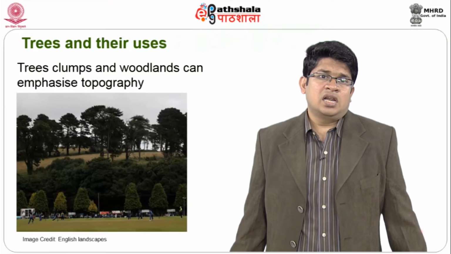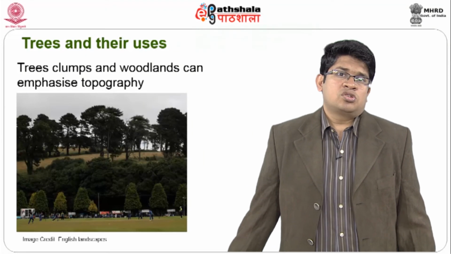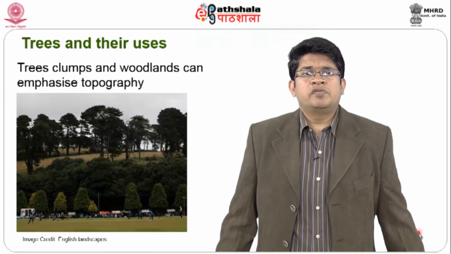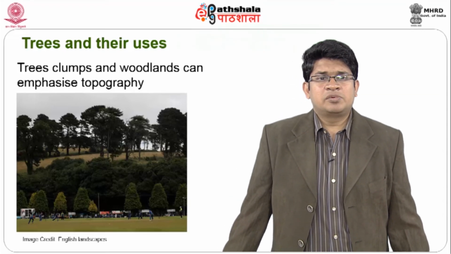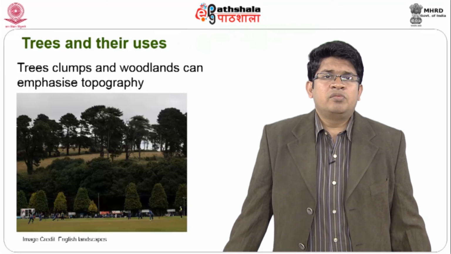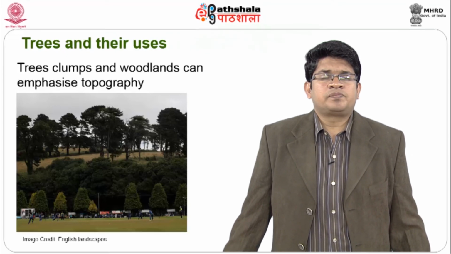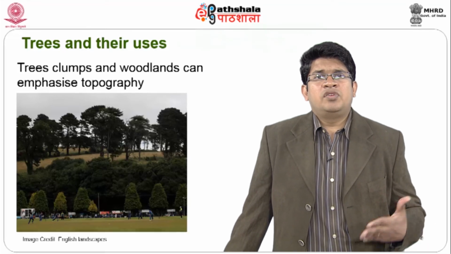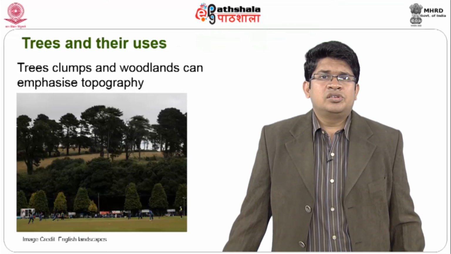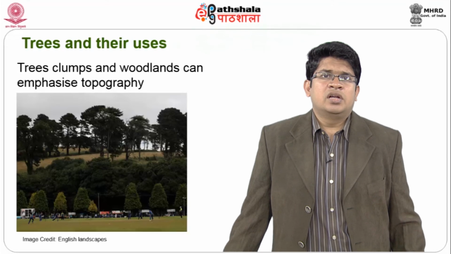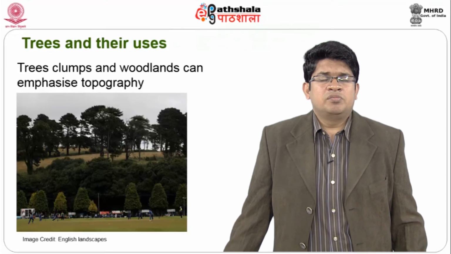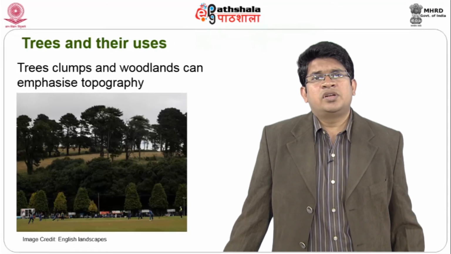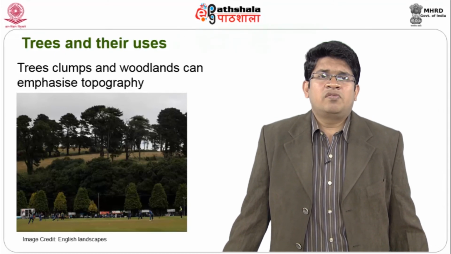Trees as clumps and woodlands emphasize topography very well. You could see in this picture of the English landscape, where you have beautiful meadows and different areas of different heights, and the English landscape just keeps going on and on, the ups and downs, the beautiful swales and the hillocks, all at different levels, flowing into each other.